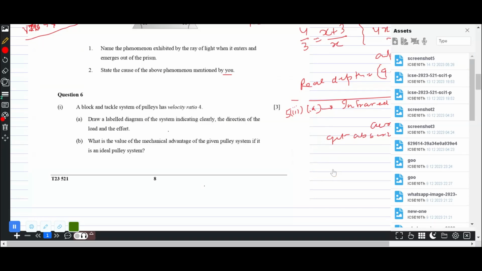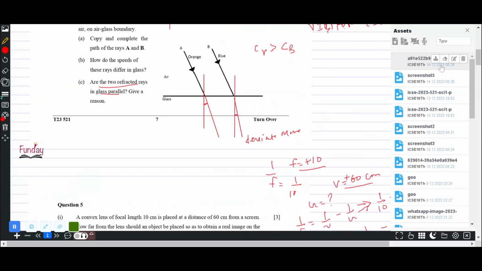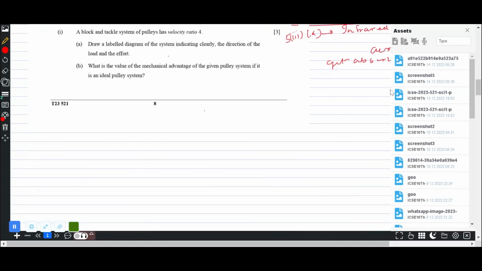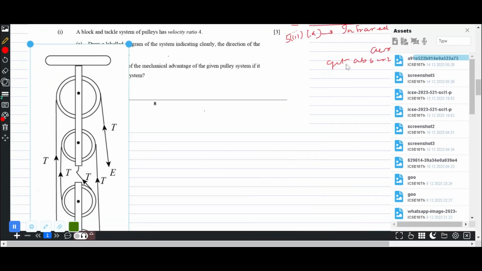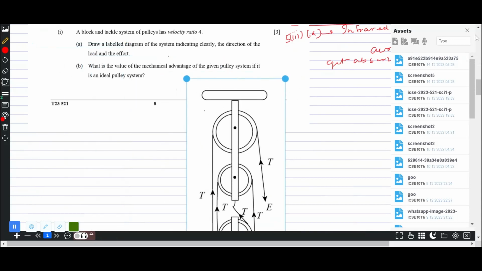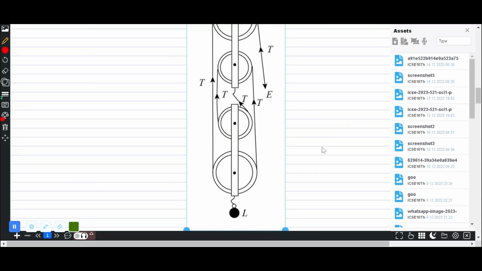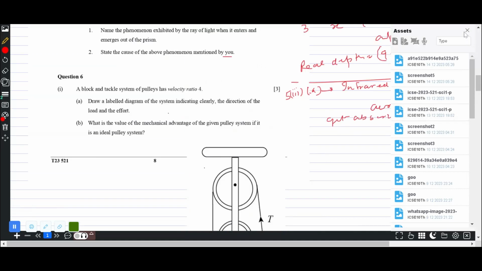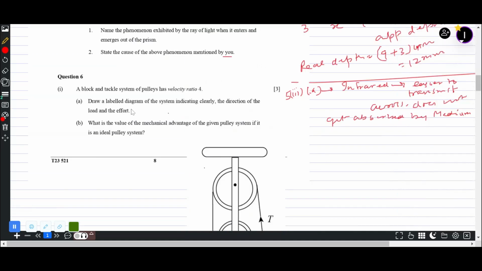Not this. Okay, this is the one, I think. Yeah, here we have it. This is the block and tackle system of pulleys with velocity ratio 4.